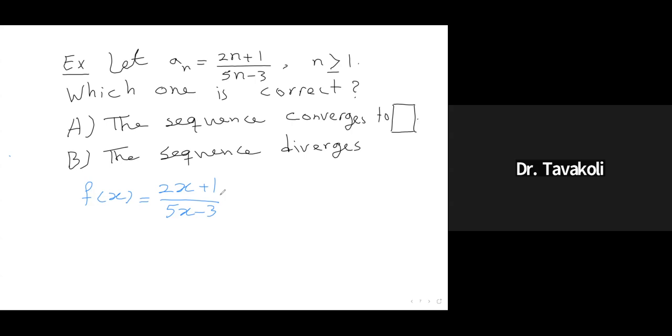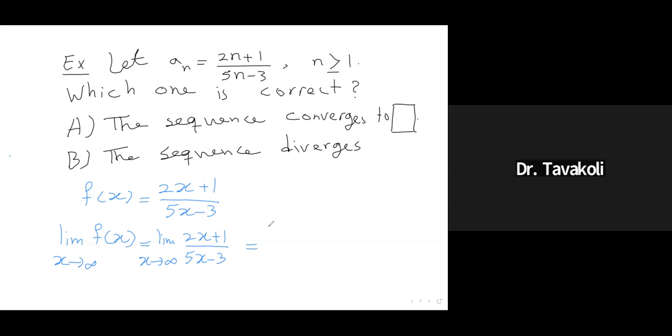Now we can use Calculus 1 type questions to find the limit of f of x. The limit of f of x as x tends to infinity, or in fact, the limit of 2x plus 1 over 5x minus 3 as x tends to infinity. As you might remember from Calc 1, when you have a rational function, a polynomial over a polynomial, and x tends to plus infinity or minus infinity, we can keep the leading term of each of these two polynomials.